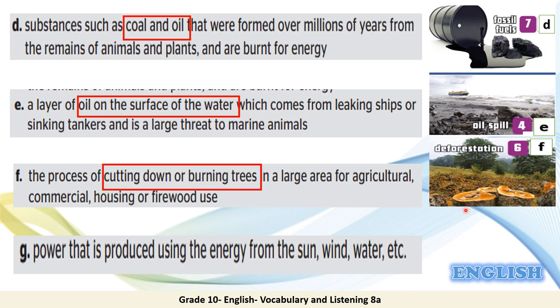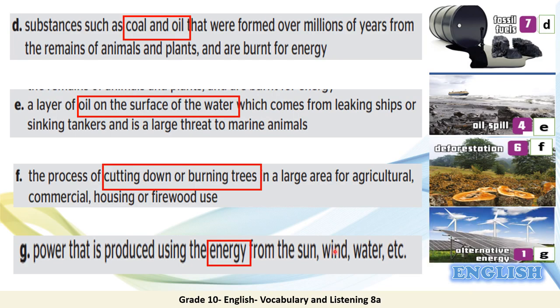Well done, everyone. Finally, power that is produced using the energy from the sun, wind, and water. Focus. You have one hint here, which is easy. Pause and think. The answer is alternative energy. Well done, everyone.